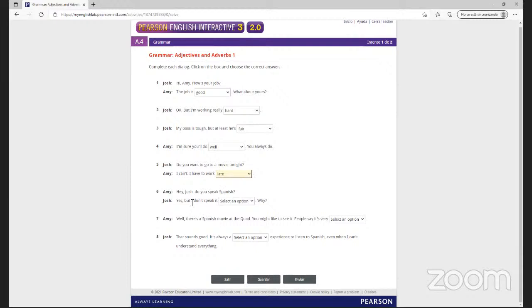Hey, just do you speak Spanish? Yes, but I don't speak it fluently. Why? Well, there's a Spanish movie at the quad. You might like to see it. People say it's very good, or very well? That sounds good.